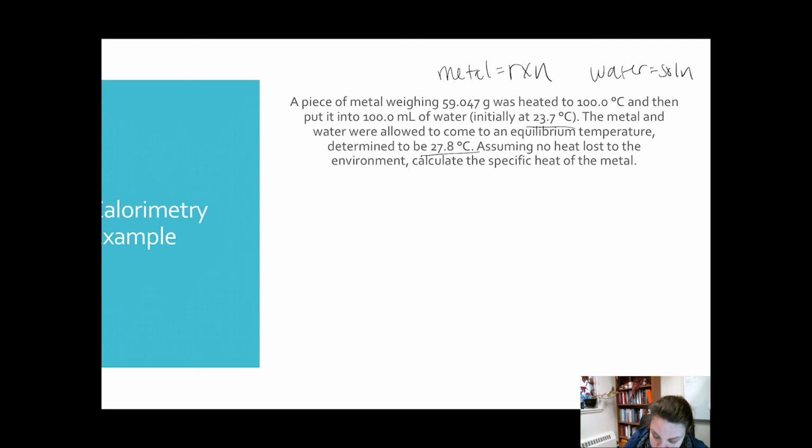So we're going to take our Q of our water equal to our mass of our water times the specific heat of our water times our delta T of our water. So we can determine the heat that was absorbed or released by the water, and then that will be the negative of what is released or absorbed by the metal.